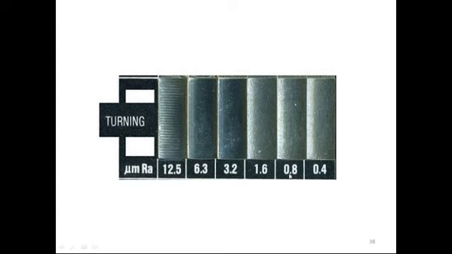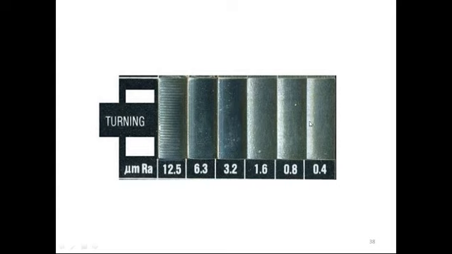When the surface has 0.8 micrometer Ra value, the surface will look like this one. And when the surface has 0.4 micrometer Ra value, it will look like this one.